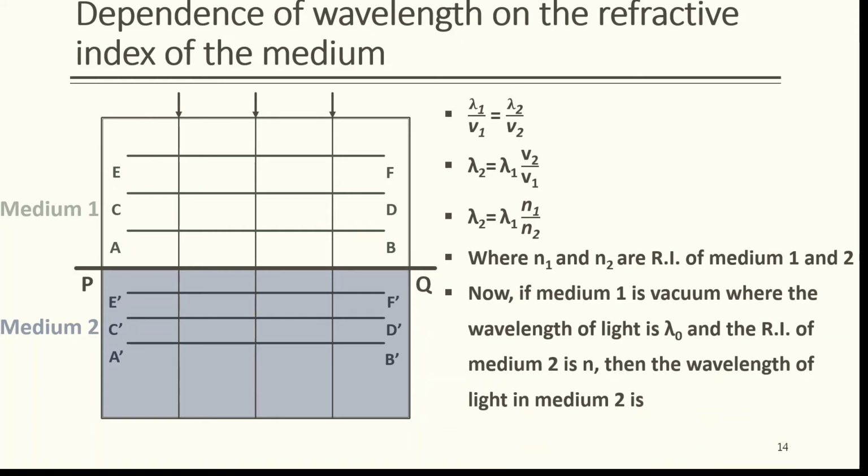Now, if medium 1 is vacuum, where the wavelength of light is λ0 and the refractive index of medium 2 is n, then the wavelength of light in medium 2 is λ equal to λ0 V2 upon C, that is equal to λ0 upon n.